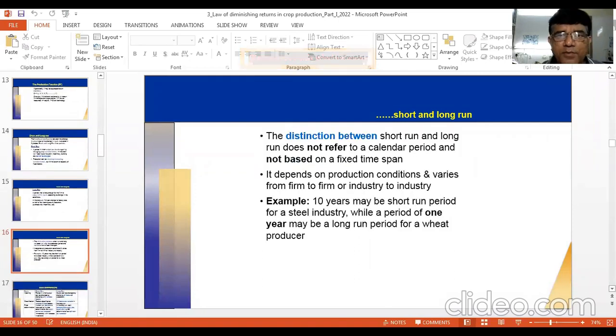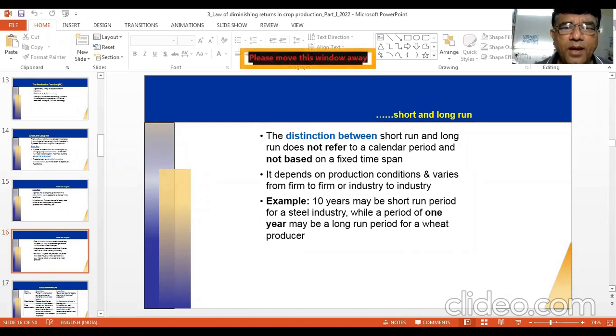Now, the distinction between short run and long run does not refer to a calendar period. The time is not fixed and not based on a fixed time span. It depends on production conditions and varies from firm to firm or industry to industry. For a certain industry, 10 years may be a short run period.